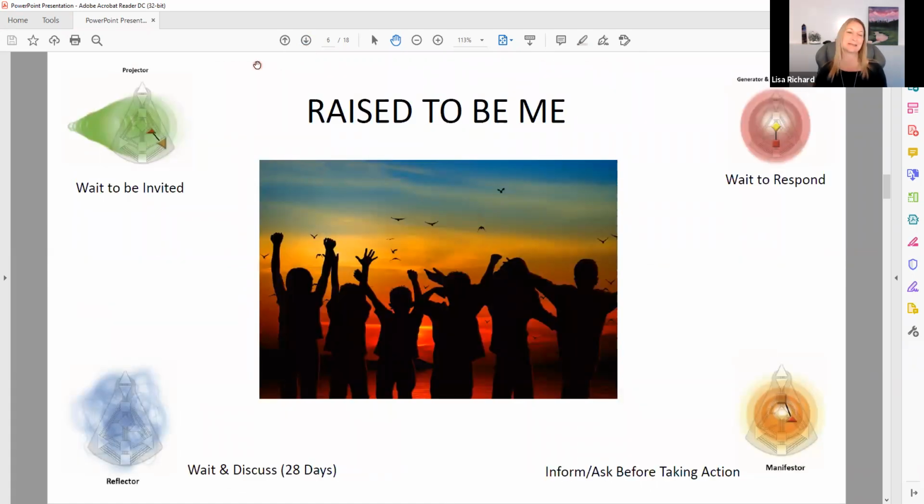My deepest passion with human design is for children to be raised in a world where they can truly be themselves. When we start to learn about our unique design, we learn about our energy, we're going to learn that we all have different ways of communicating, responding, and receiving information.